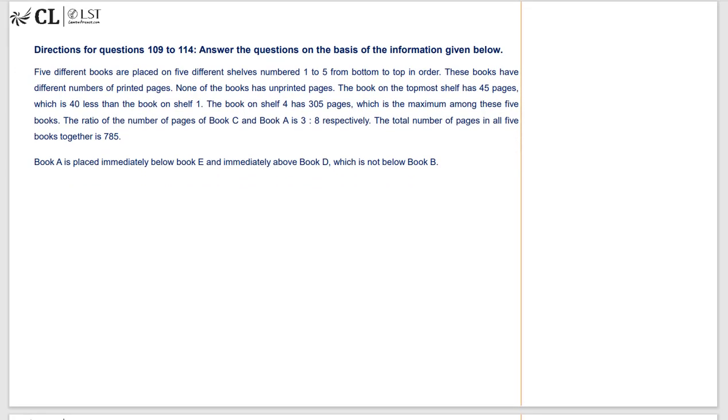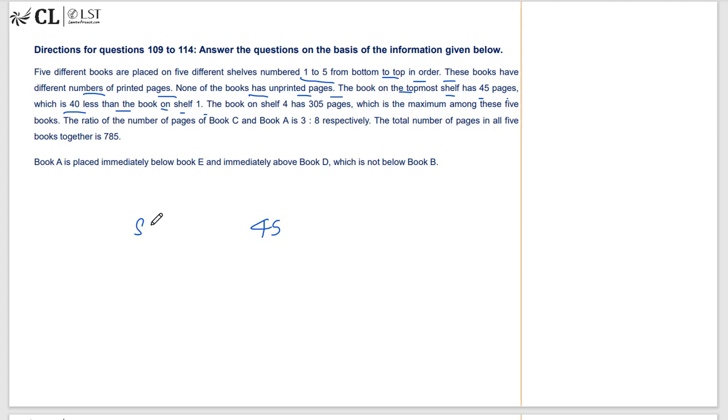Okay, so here what we have: five different books are placed in five different shelves numbered 1 to 5 from bottom to top in order. These books have different numbers of printed pages. None of the books has unprinted pages. The book on the topmost shelf has 45 pages, so that's one data, which is 40 less than the book on shelf 1.